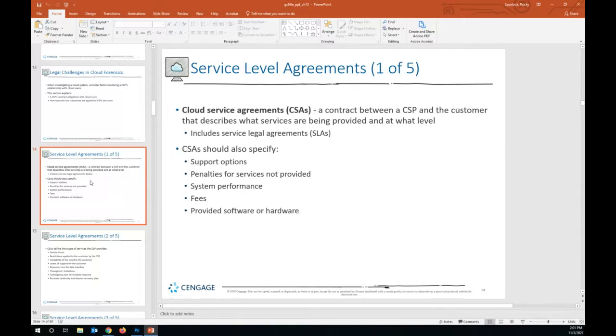So the service level agreements will be included with the cloud service. They should also specify the support options, penalties for services not provided, system preferences, performance, fees, provided software or hardware, and others.